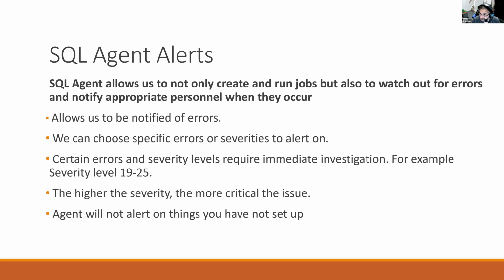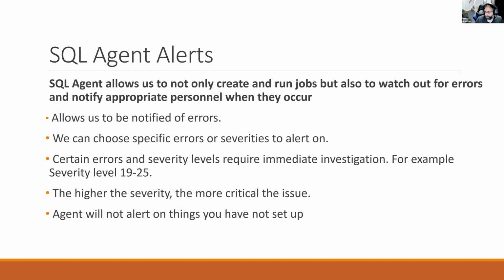That is a whole internals discussion, so we're going to put that off to the side. But generally we want to understand and monitor at least for severity levels and one specific error number when it comes to corruption. We also need to understand that as we go through the severity levels, the higher the number, the more severe it is.